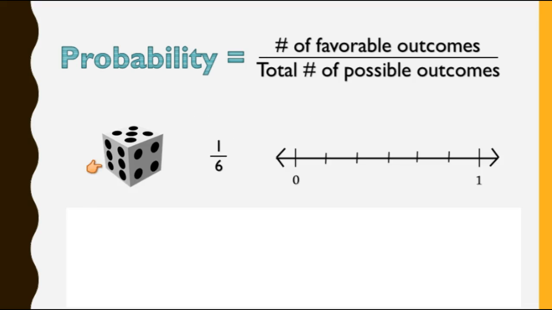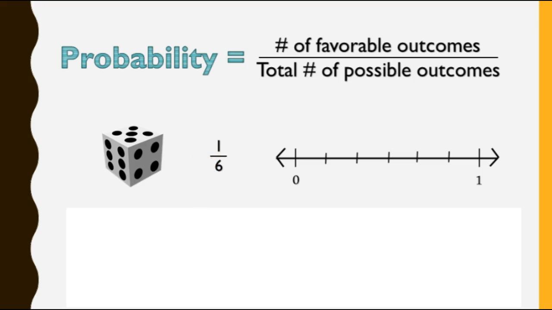Okay, so let's take a look at this, because if you notice, every probability number is always going to be between 0 and 1. For this number line, since I had 6 possible outcomes for a number cube, I separated this little section between 0 and 1 into 6 sections.